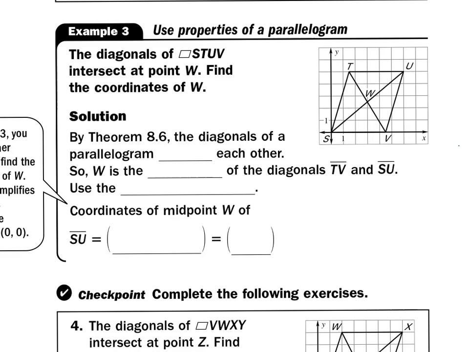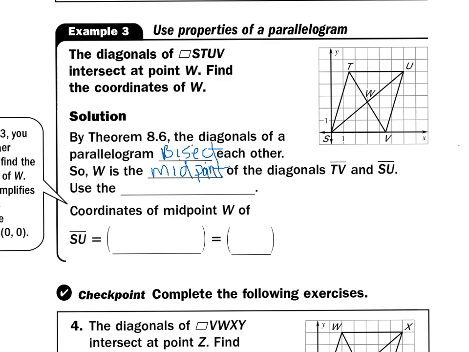Example 3. The diagonals of STUV intersect at point W. Find the coordinates of W. So by theorem 8.6, the diagonals of a parallelogram bisect each other. So W is the midpoint, remember that from chapter 1, of the diagonals.